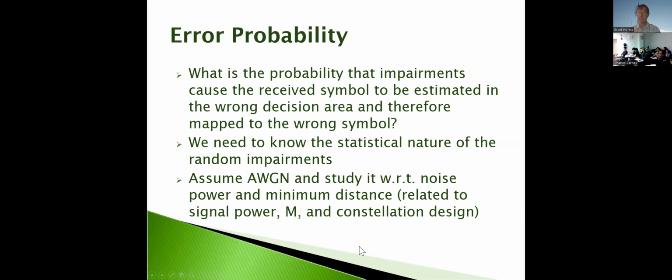We looked at that last lecture. Some constellations were rectangular, some were polar oriented. In your homework, you're looking at an oddly shaped 8 QAM type constellation.